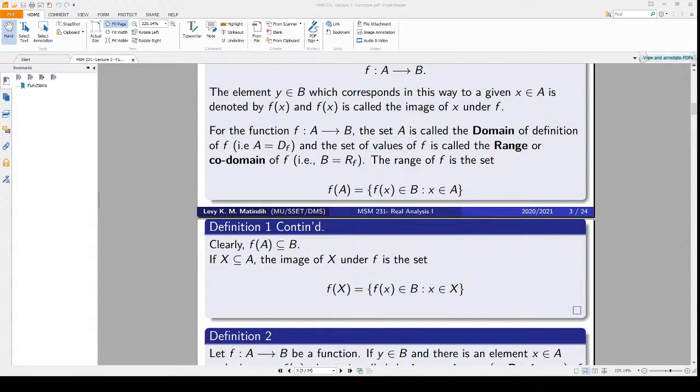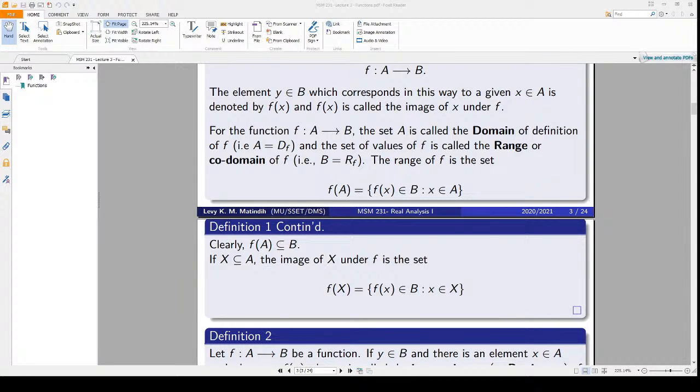If you look at f(A), remember f(A) has elements f(x) which are found in B. So the range of this function is the set of all those values that you obtained by acting the function on the values in A. Now, this f(A), given the way we have defined this function, is a subset of the set B.